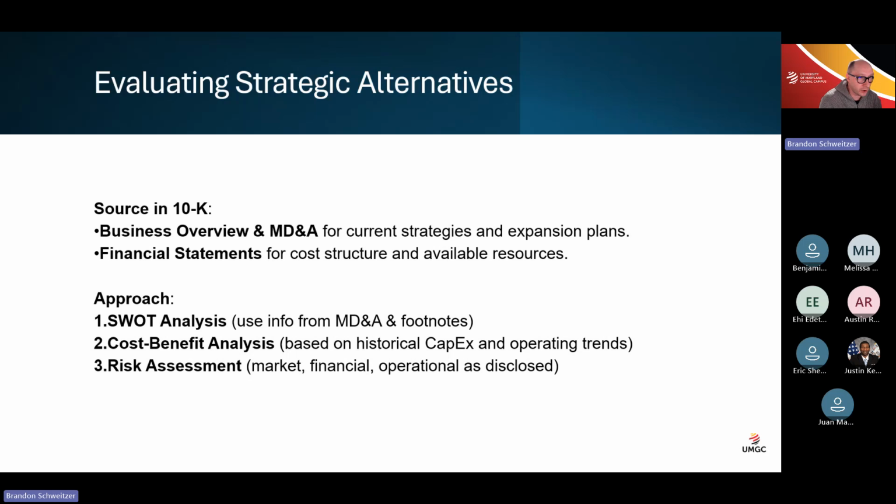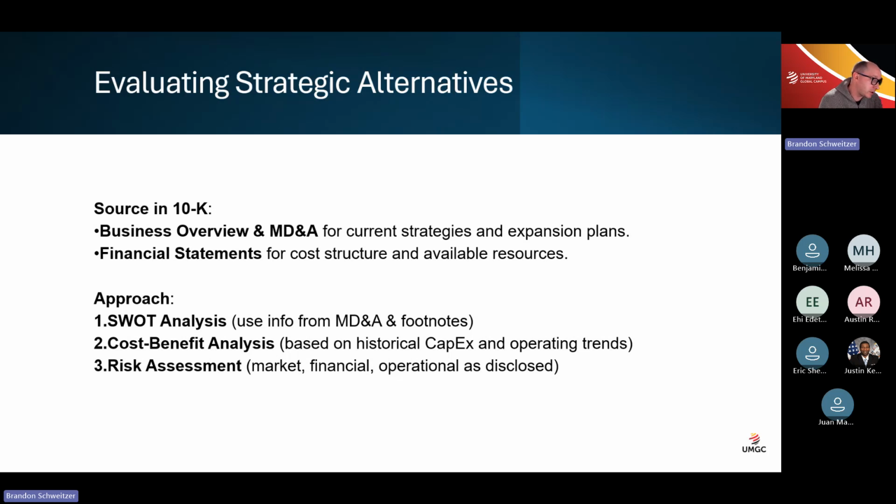I would also strongly encourage you to look at the financial statements for the cost structure and available resources. Looking at the potential return on investment, funding requirements, and alignment with long-term goals, as stated in the 10K report, is going to help you through this.